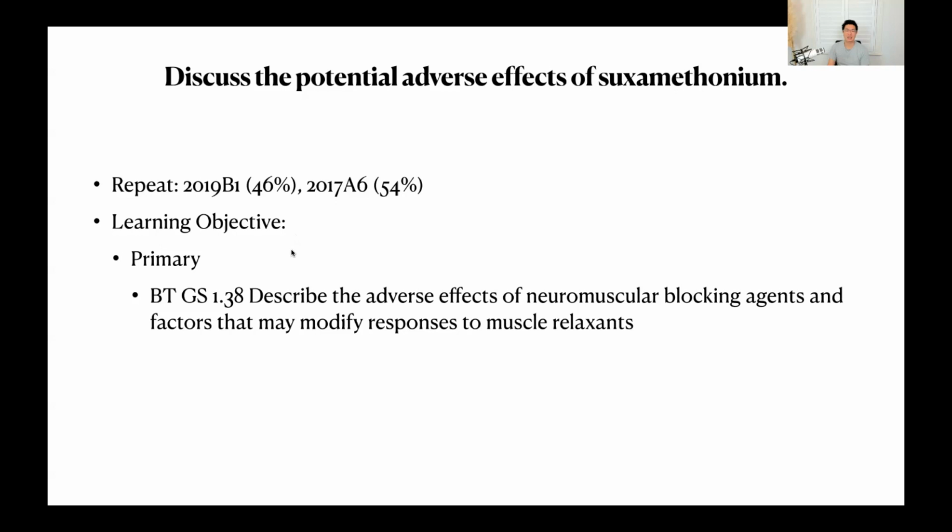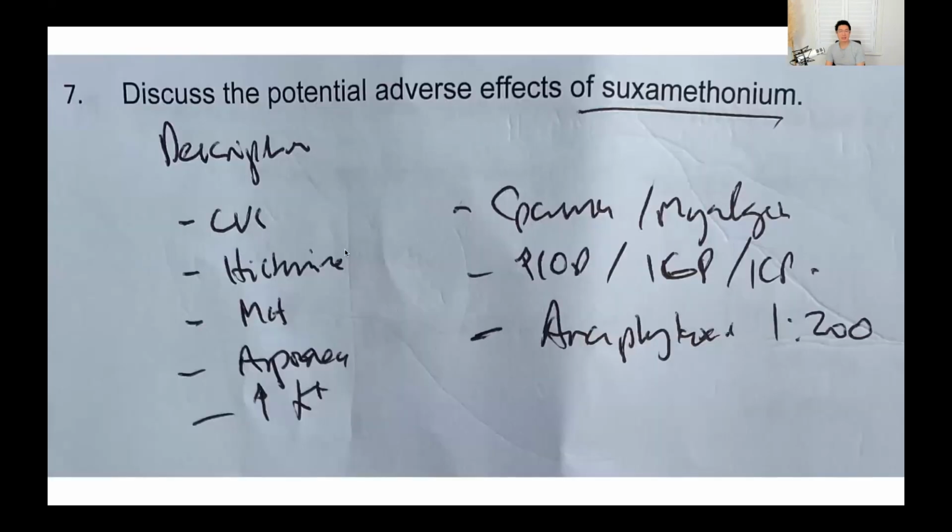Okay. So the learning objective here, 1.38, describe the adverse effects of neuromuscular blocking agents and factors that may modify responses to muscle relaxants. And here, a very nice, easy structure, where the adverse effects can be divided into cardiovascular, histamine, malignant hypothermia, apnea, hyperkalemia, spasms or myalgias, increased intraocular pressure or ICP, and anaphylaxis as well.